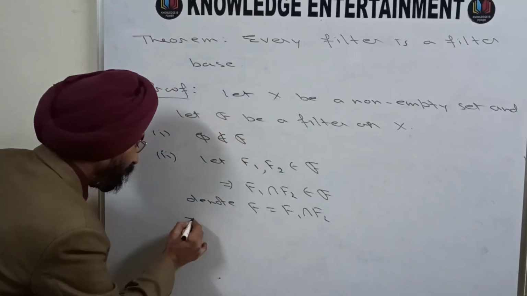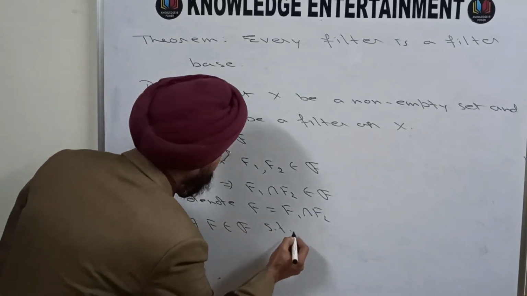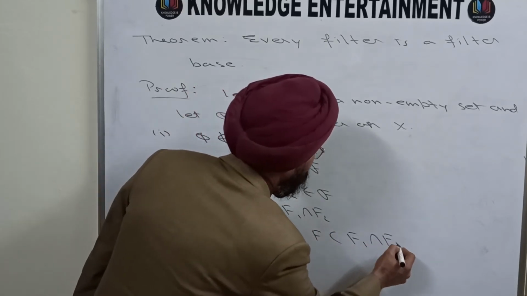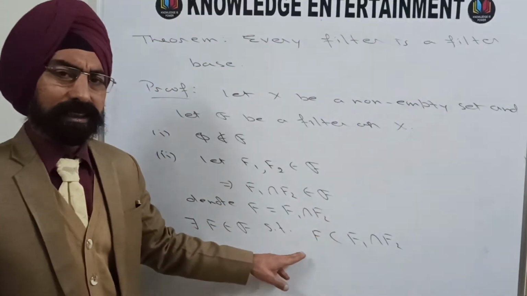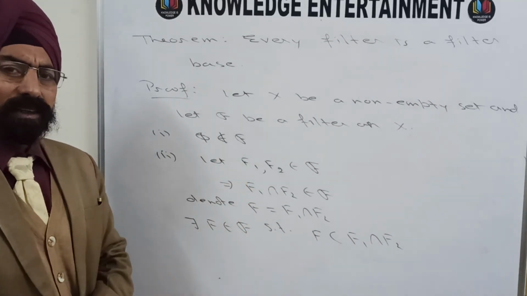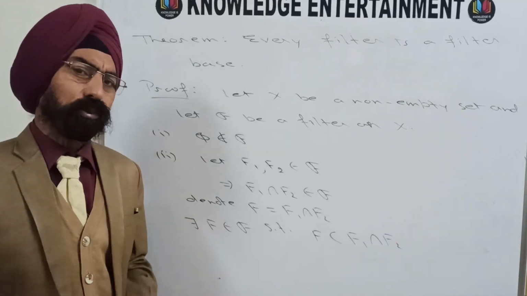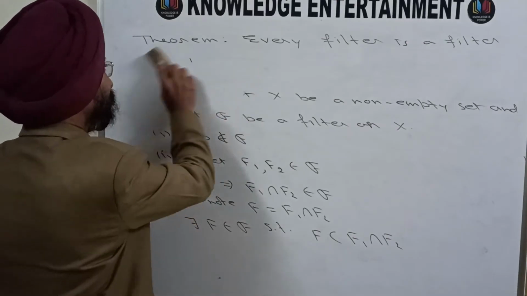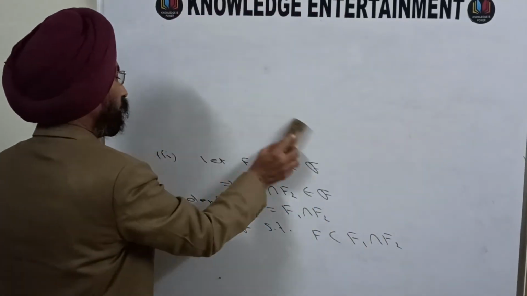So we can say there exists F in F such that F is contained in F1 intersection F2, because F is nothing other than F1 intersection F2. So the condition is trivial. So both the conditions are satisfied for F to be a filter base on X. So that means F is a filter base on X, and this proves that every filter is a filter base on the set X.